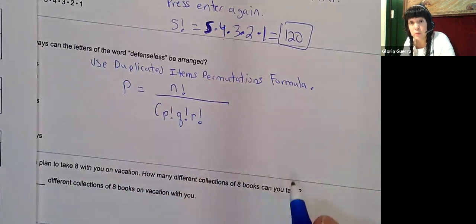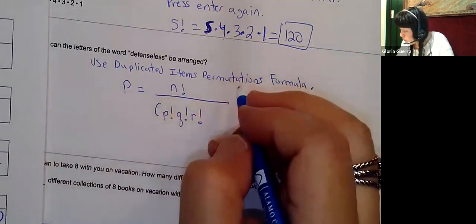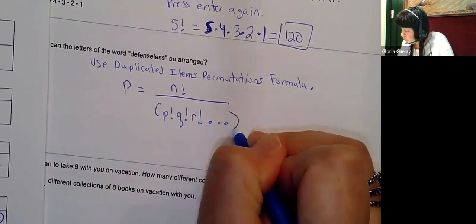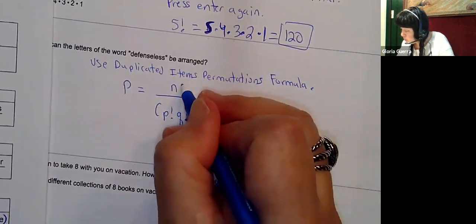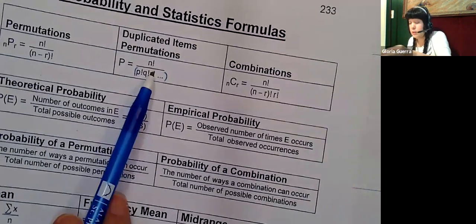And if there are other letters that repeat, then that's why they do dot dot dot, and then you want to close, very important, close the parenthesis. Okay, but this is the format you need to use for that.